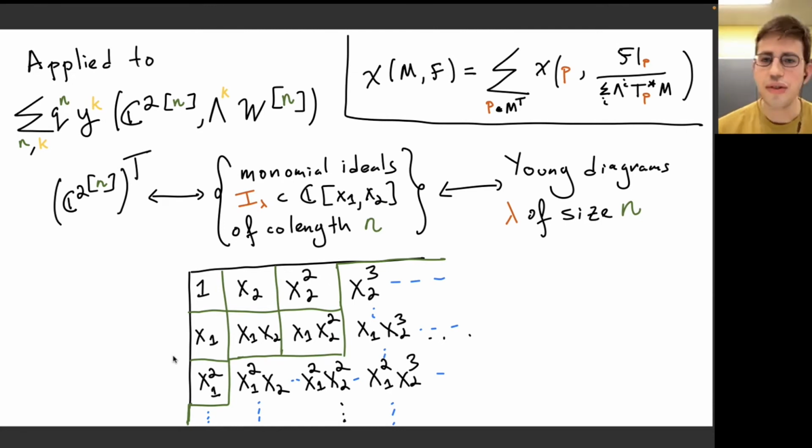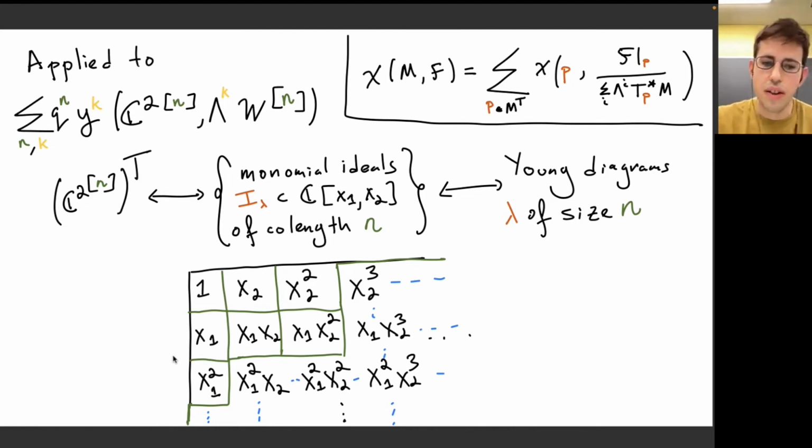So the first thing I need to do is characterize the fixed points if I want to apply this theorem. And so let's suppose I have my torus action on C2 that induces some torus action on the Hilbert scheme, and the fixed points correspond to monomial ideals in polynomials in two variables of co-length n. So how do those look?